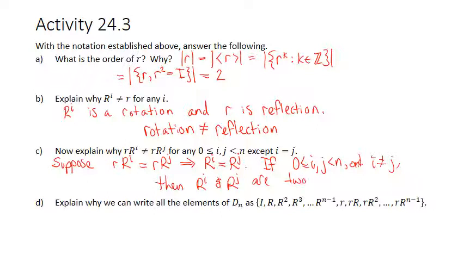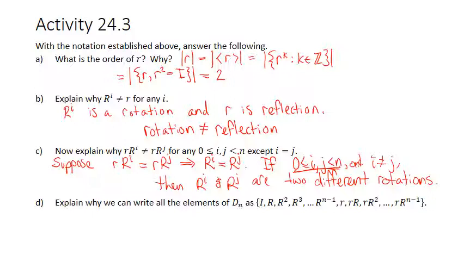You can have values of i and j that are different that would give you the same rotation, but not in that restricted small range. For example, you can always add n to any of the exponents and you'll get the same rotation, because that would just be adding another trip around the circle, 360 degrees. But because you have this inequality here, that's not possible.